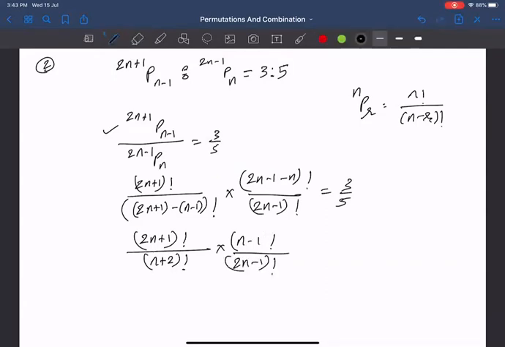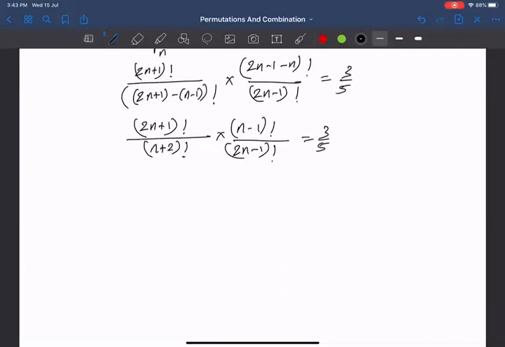Now, can you compare something? Yes, sir. We can always compare. So first thing, don't you think this one and this one look similar? And this one and this one look similar. So 2n plus 1 factorial can be written as 2n plus 1 into 2n into, and of these two, which is bigger? Remember this rule. Lakshay remembers very well.